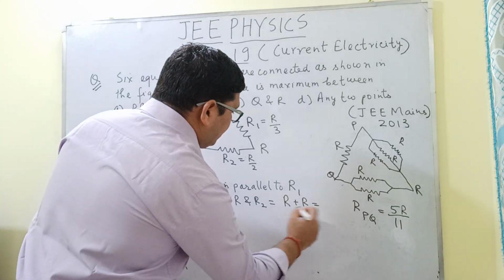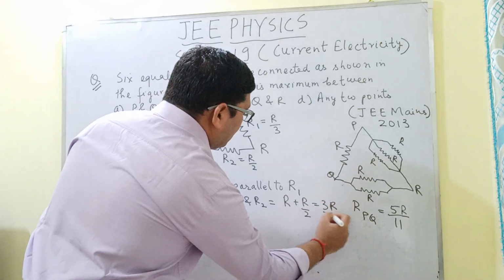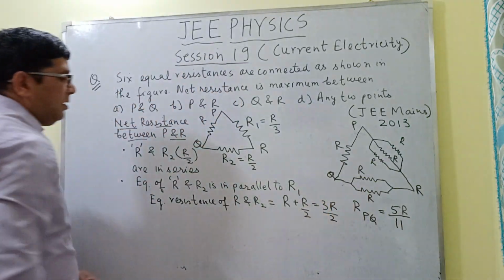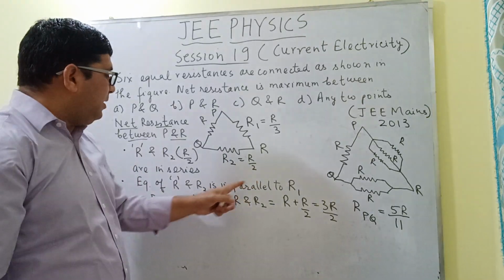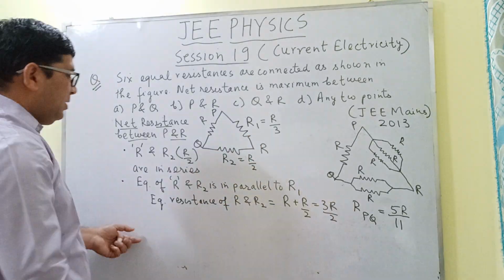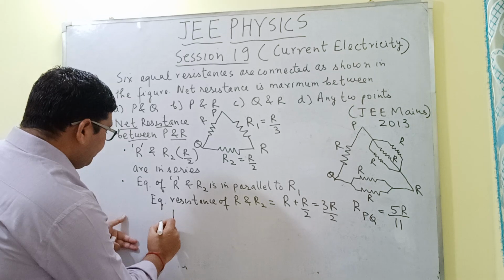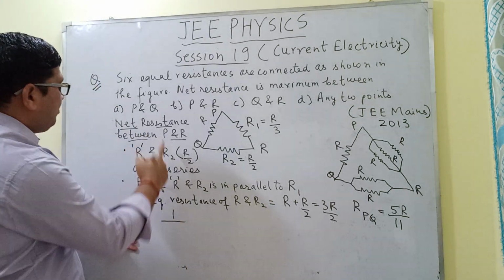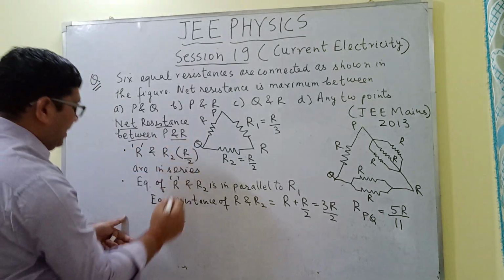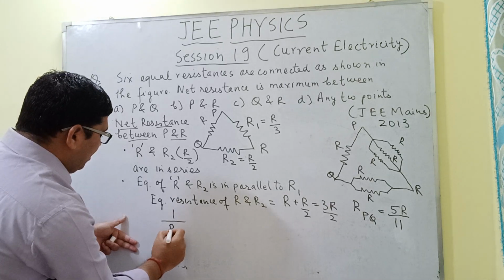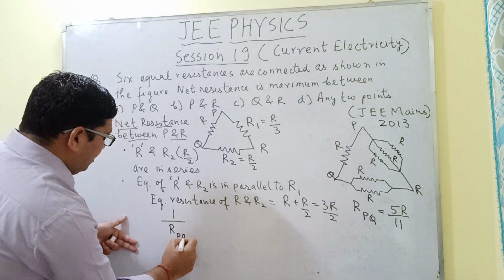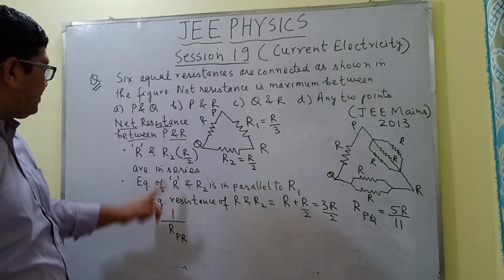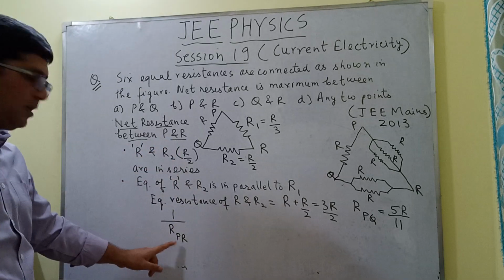So this is equal to 3R by 2. Now this will be in parallel to this R1. So the net resistance between the point P and R, say it is RPR. I am denoting the net resistance between the point P and R as RPR.